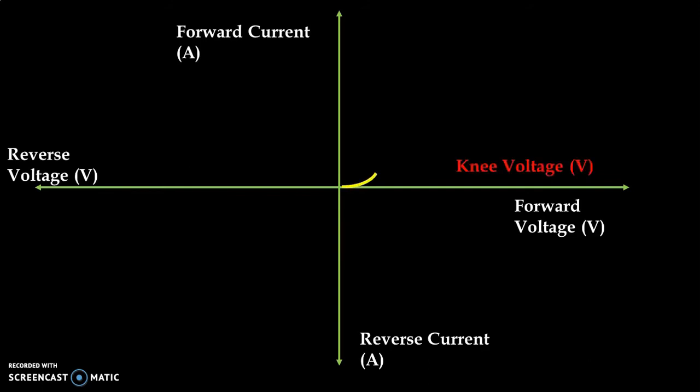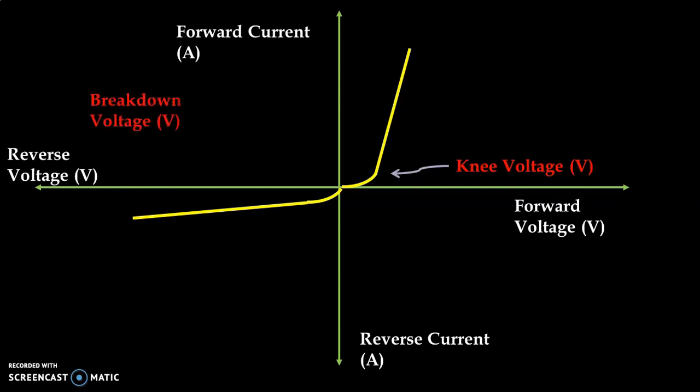We have knee level voltage, and when we increase the voltage beyond a knee level, then a sudden increase in the current is observed. But we never use Zener diode in forward biased condition. We always use PN junction diode for this purpose. We use Zener diode in a reverse biased condition. So when we apply reverse biased voltage, only the leakage current will start flowing through the cathode to anode.